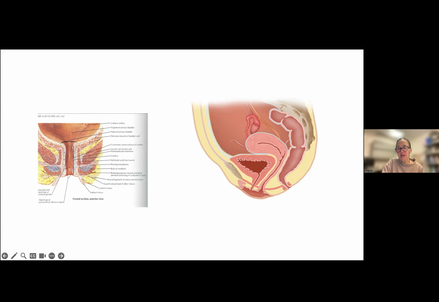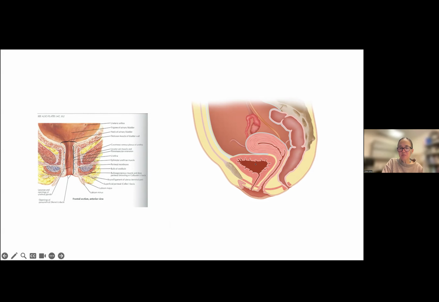It can also be used to treat stress incontinence, because the placement of the pessary here pushes the internal sphincter forward, anteriorly, and there's a bone here.